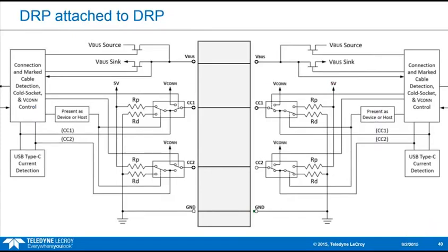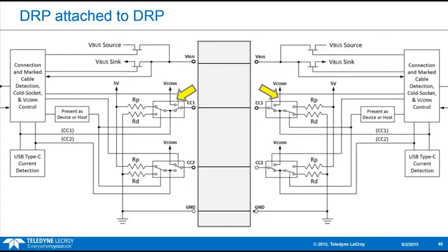So this is the more complex case where you have two DRPs, so both can act as source or sink, but you have to figure out which is which. They can't both come up as a source. And DRPs will be common, actually. Laptops, tablets, basically any battery-powered device with host functionality will have to operate as a DRP. So here is where both sides are toggling between RP and RD every 75 milliseconds.